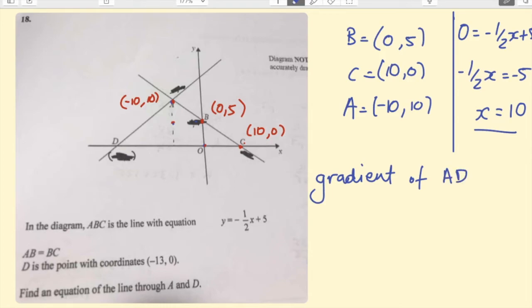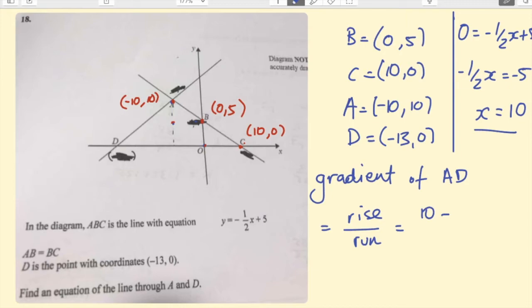And we can do that using the rise over the run. To find it, we can do y2 take y1 over x2 take x1. Have you done that before? Great. So we can take 10, and by the way, point D is minus 13, 0.